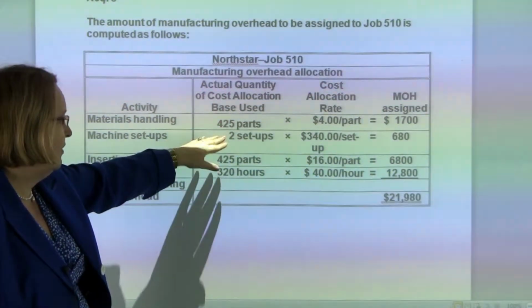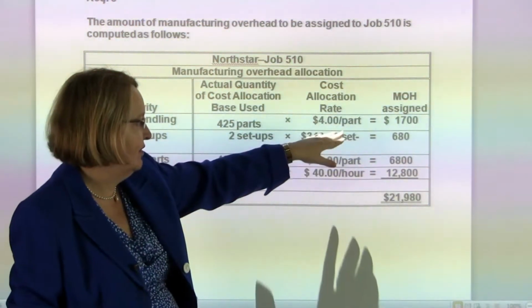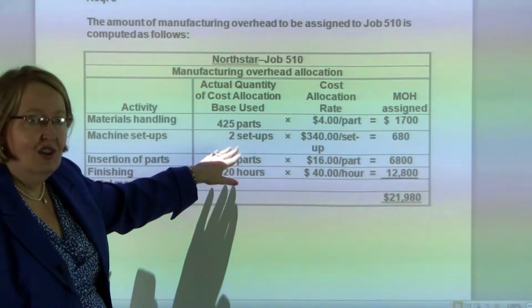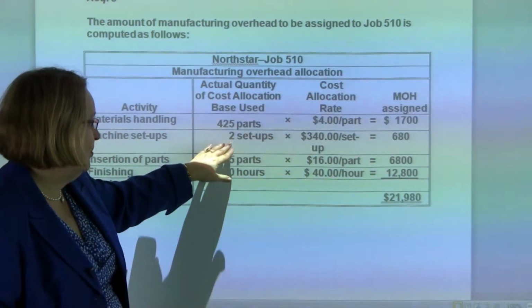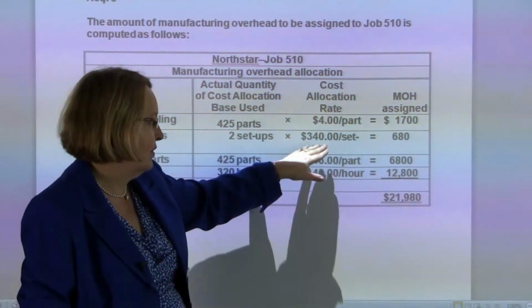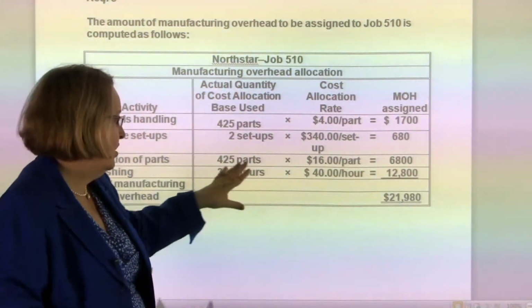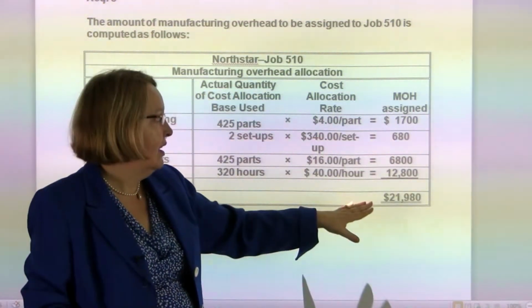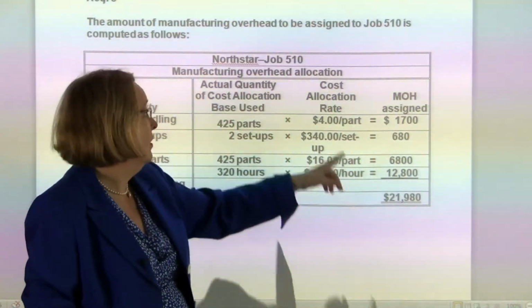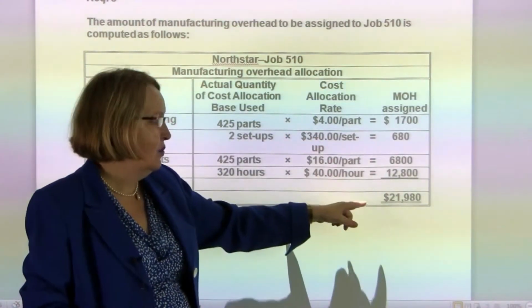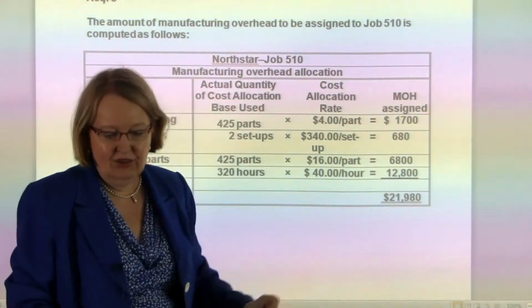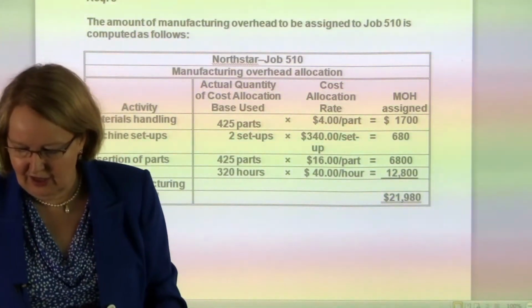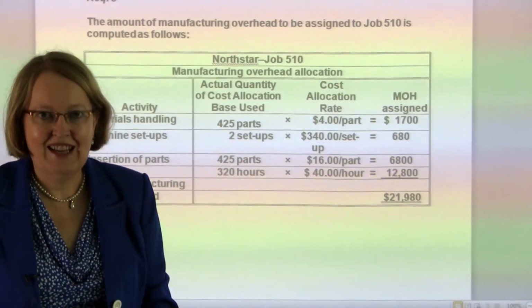So 425 parts times $4 is $1,700, and so on. With this particular job, there are two setups at $340 per setup, $680. So the total manufacturing overhead allocated to job number 510 is $21,980. That concludes the debrief on E4-18.